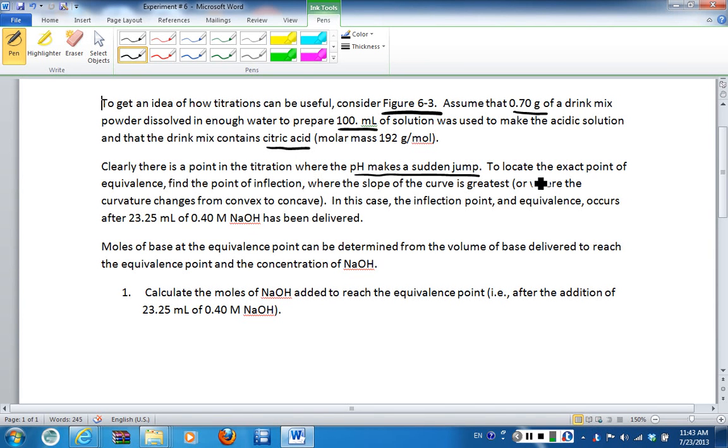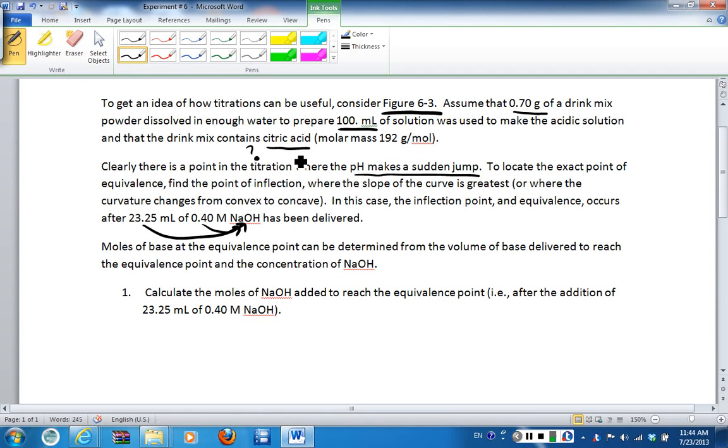Now, this is what we use to determine the amount of citric acid, which we don't know, in the drink mix. So we're doing an acid-base titration. We're using a known concentration of base to determine the unknown amount of citric acid in drink mix.